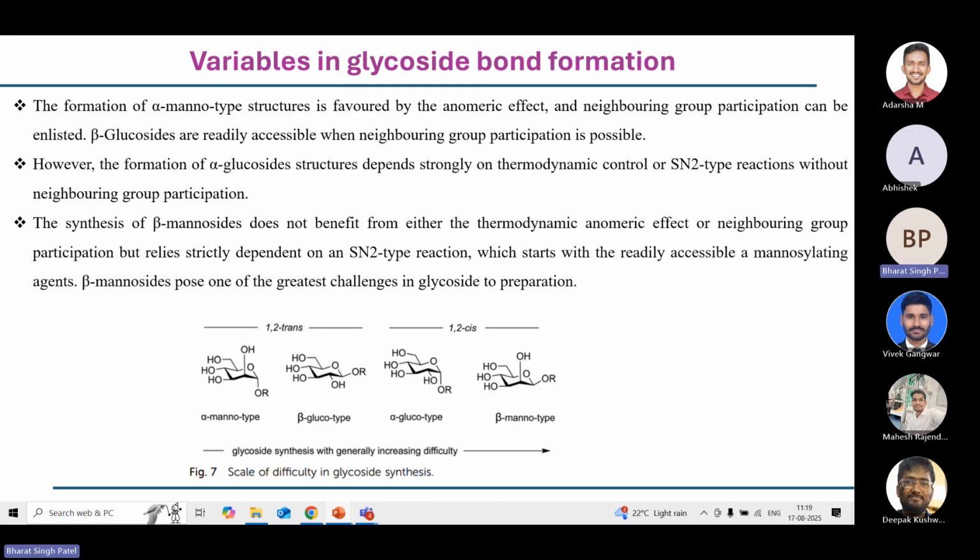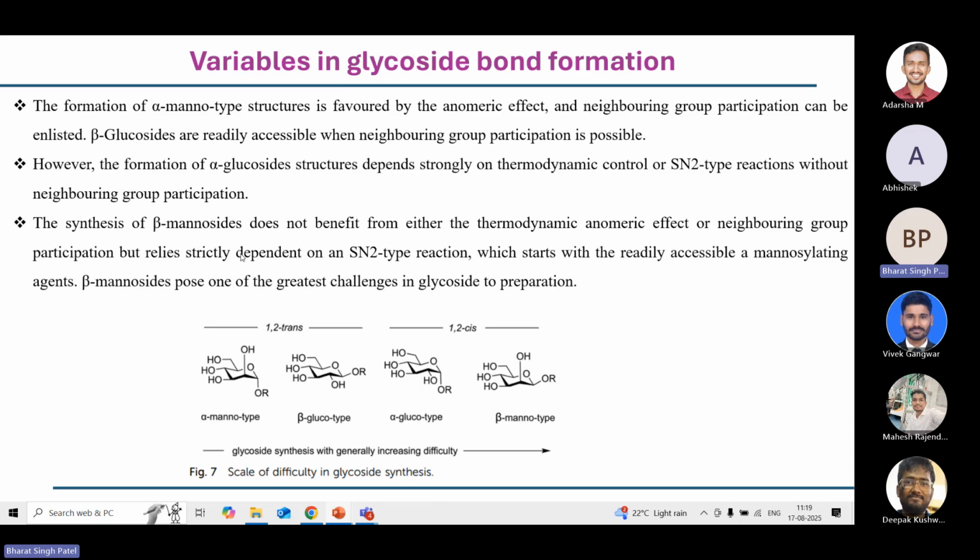In the case of mannose, the alpha anomer is very much favorable because of the anomeric effect. Similarly, the beta glucoside is very well established because of neighboring group participation. The alpha glycoside depends completely on thermodynamic factors, that is, the stability of the product.